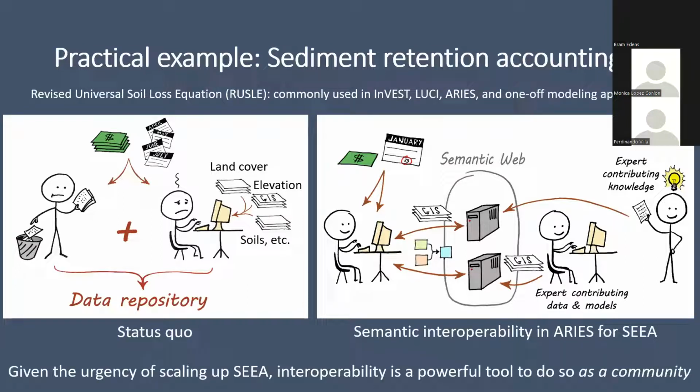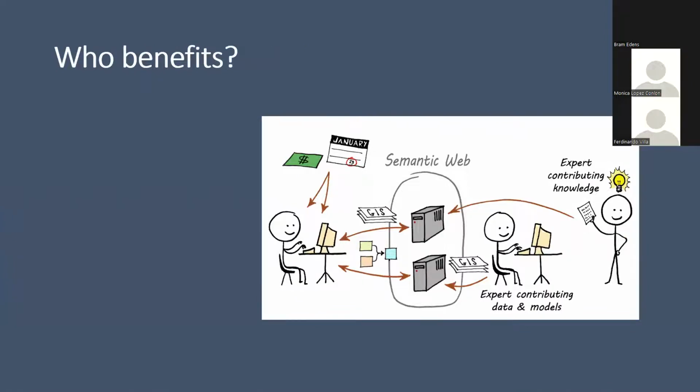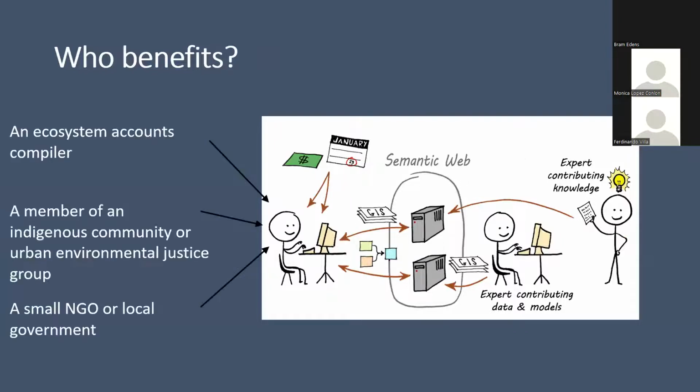So again, given the urgency to scale up SEEA, we think that interoperability is an important way we can do this as a community. So who benefits from this? Who is this person on the left side of the cartoon who's now able to do ecosystem accounts more quickly and cheaply?